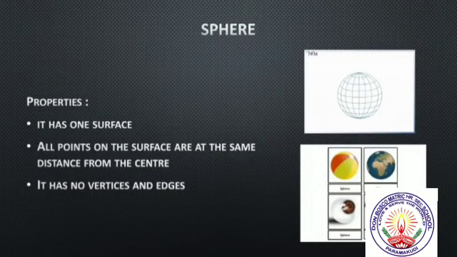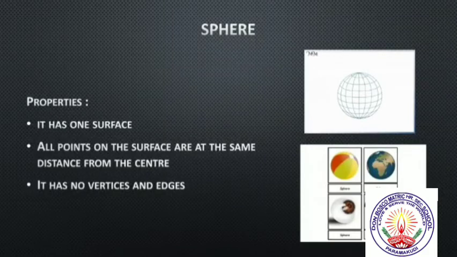Sphere. Properties of sphere. Sphere is also a 3D shape. It has no flat surface. All points on the surface are at the same distance from the center. It has no vertices and edges.